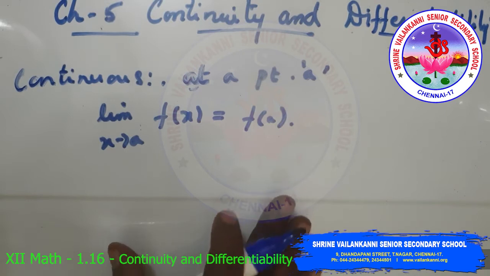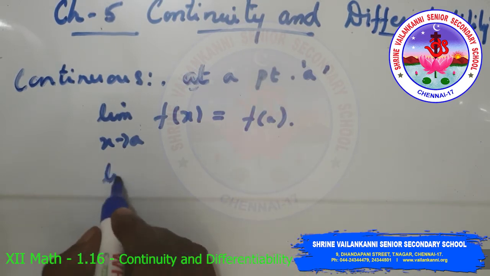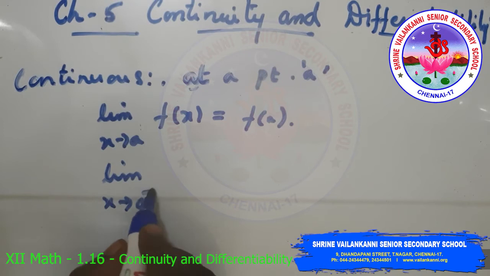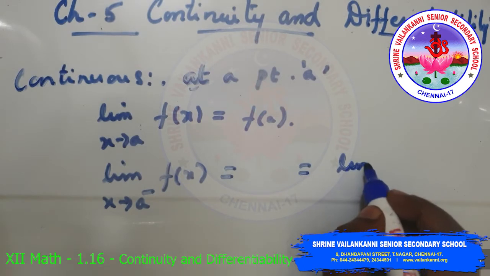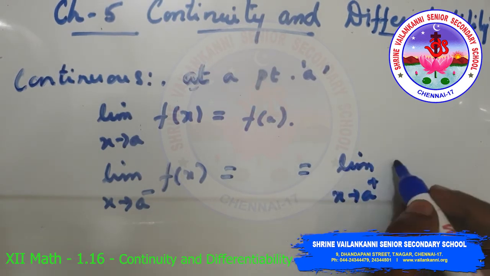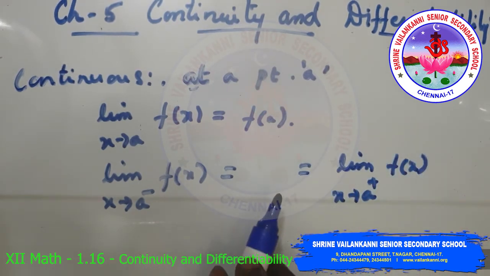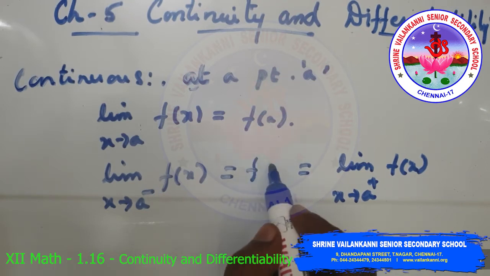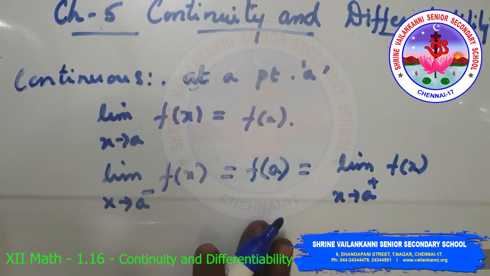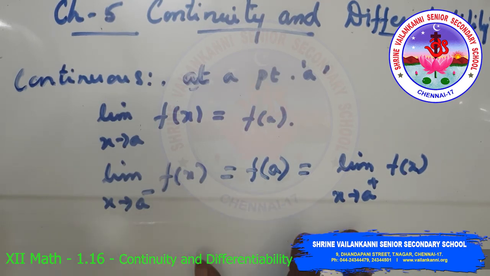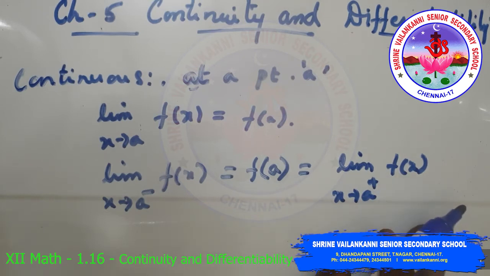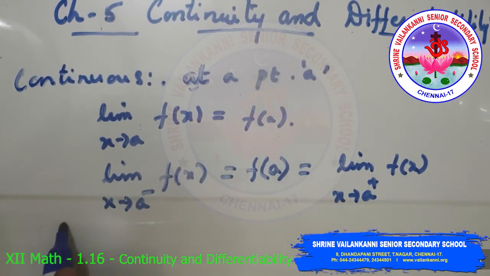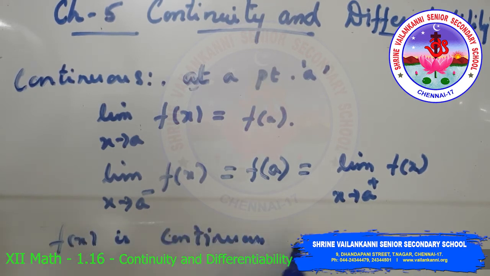If the left hand limit, that is limit x tends to a minus, and the right hand limit x tends to a plus f of x, and the value of the function at x equal to a, that is f of a, exist and are equal to each other, that is left hand limit is equal to f of a which is equal to right hand limit, then f of x is said to be continuous at x equal to a.